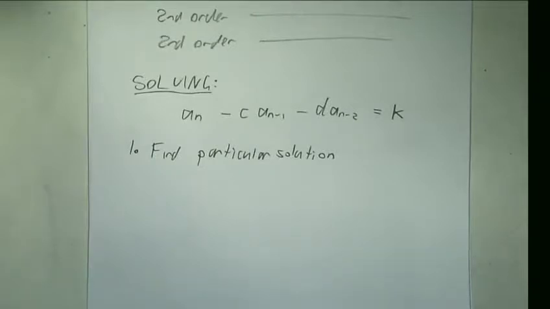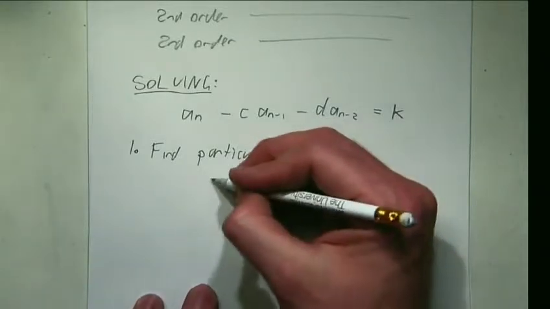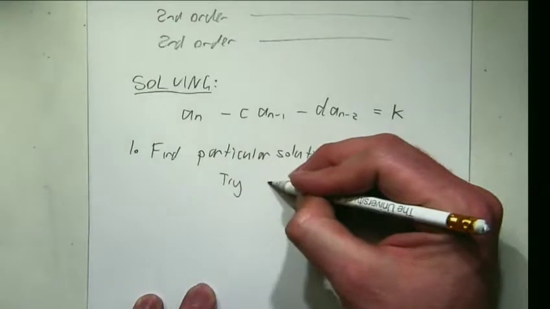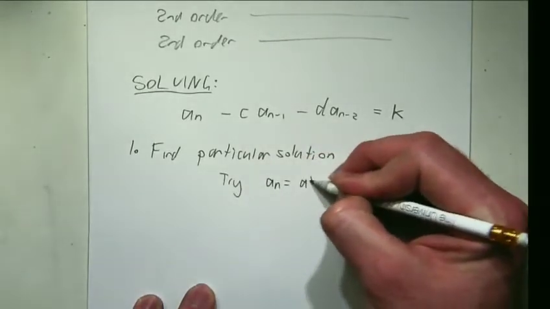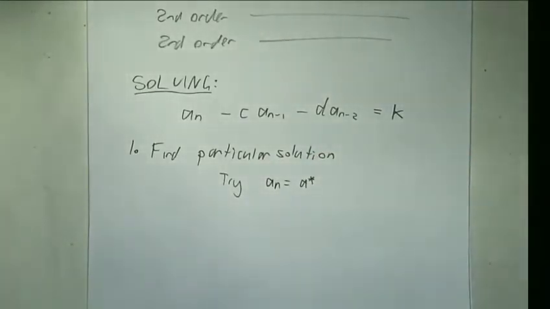But the way that you find this particular solution is listed here, and just give me a second. Yep. So you'll do this. Try a_n is just a constant, which your lecturer calls A star.